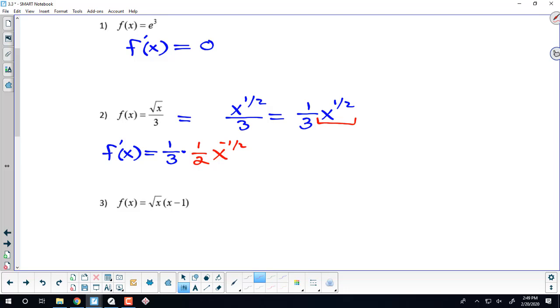So we actually then have 1/6 x to the negative 1/2. Is everybody okay with that? Even now, we're not writing out all of the individual derivative rules. Anyone have any questions?